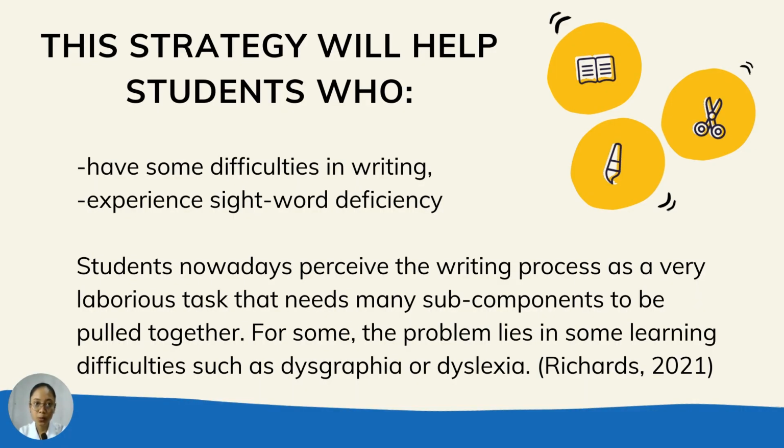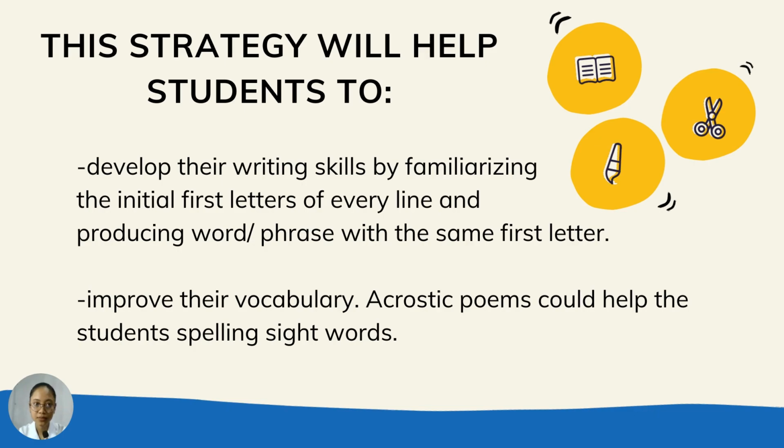This strategy will help students who have some difficulties in writing and experience sight word deficiency. Students nowadays perceive the writing process as a very laborious task that needs many subcomponents to be pulled together. For some, the problem lies in some learning difficulties such as dysgraphia or dyslexia.